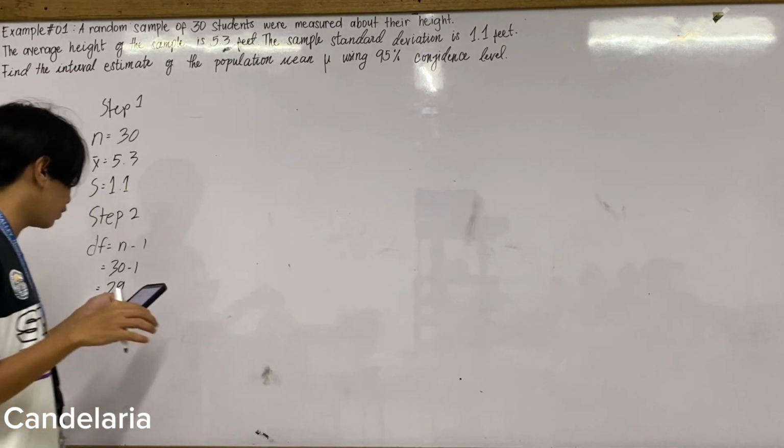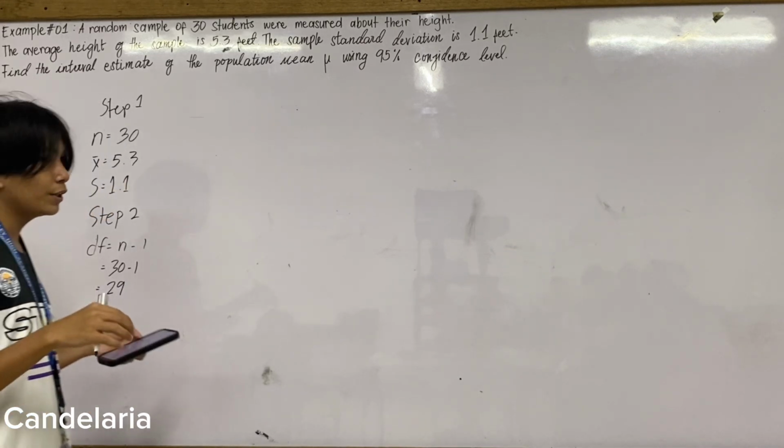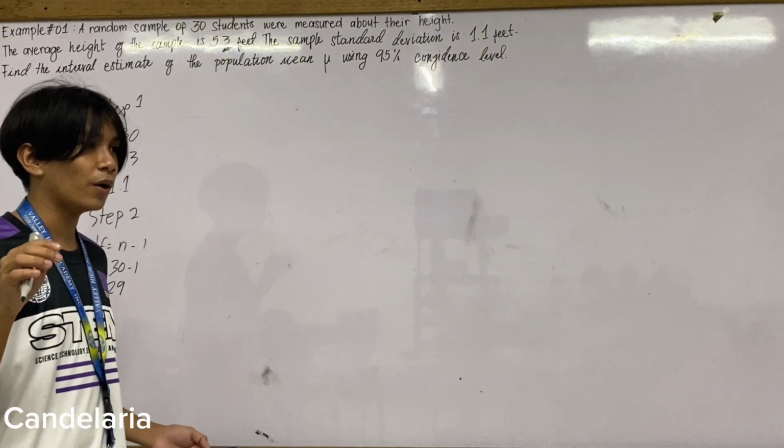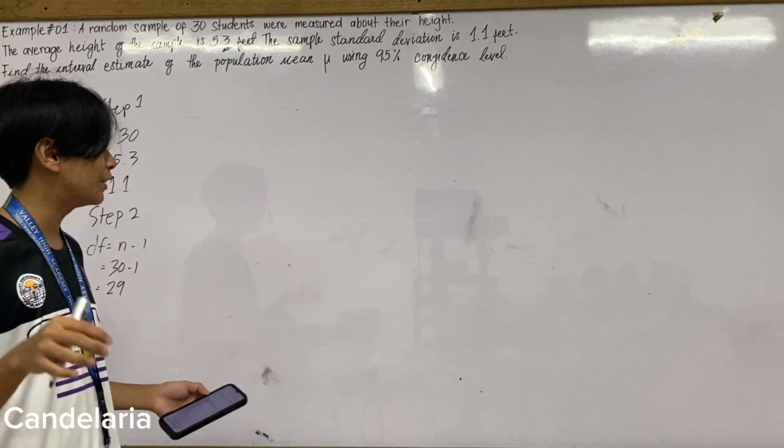In our step 3, we need to find the critical value of alpha over 2.